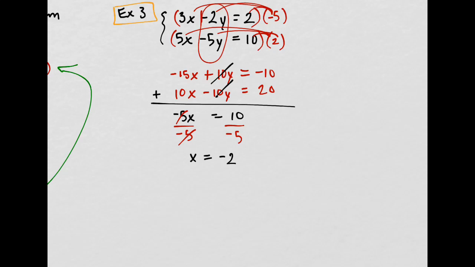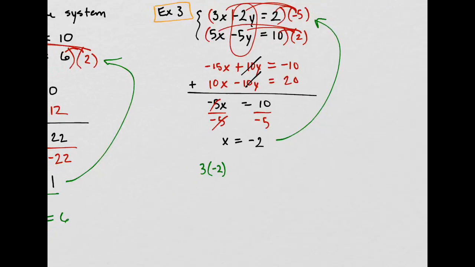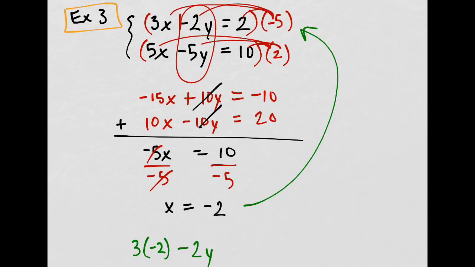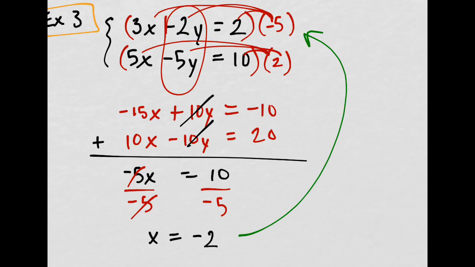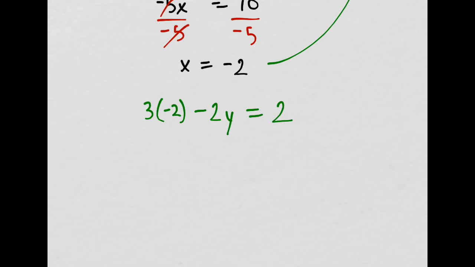However, I'm not done. Remember, plug it in to one of the originals. And in this one, I'm going to plug it into the top one just because it has smaller numbers. And so it'll be 3 times x, which is -2. So 3 times -2, and then minus 2y, and then equals 2. And then I'll just solve this by getting the numbers to one side, letters to the other.